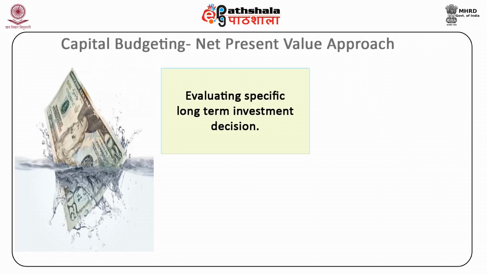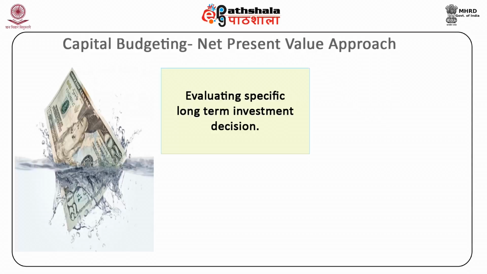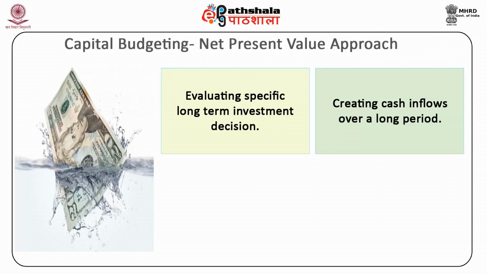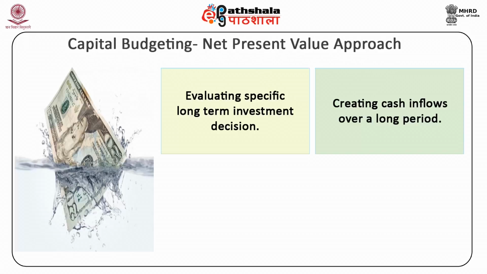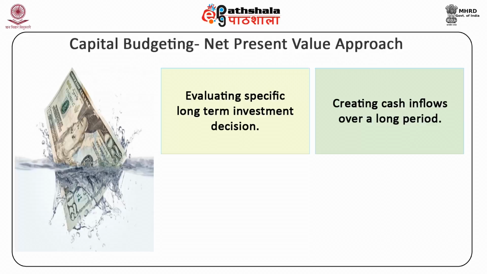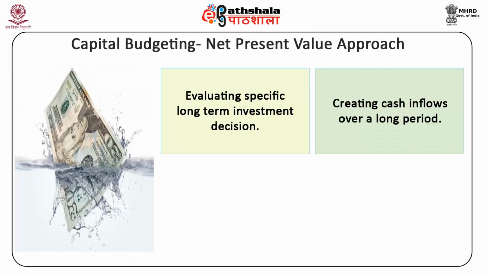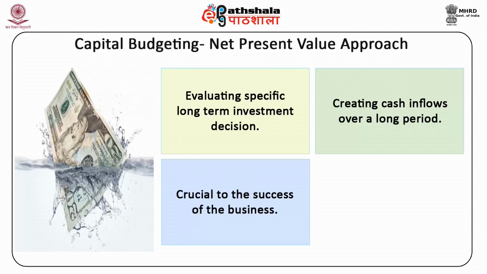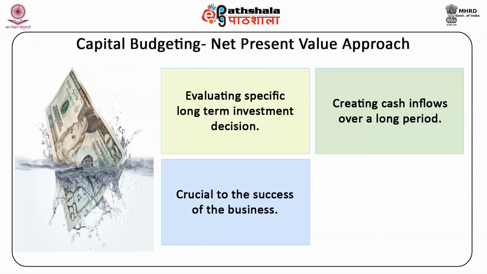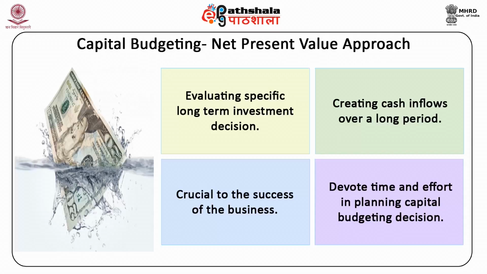The funds are invested in long-term assets so as to create cash inflows over a long period. The future benefits will occur to the firm over a series of years. Therefore, investment decision is one of the crucial decisions faced by financial managers and also crucial to the success of the business. Companies devote time and effort in planning capital budgeting decisions because any mistake in the capital budgeting process leads to long-term implications for the company itself.